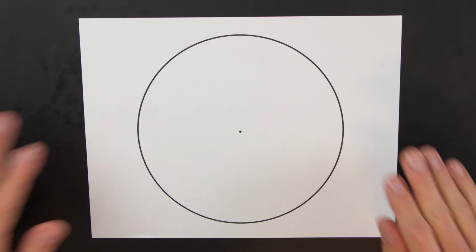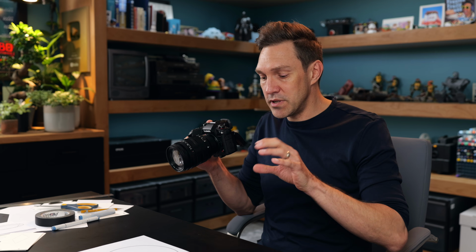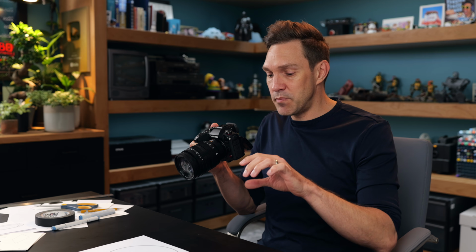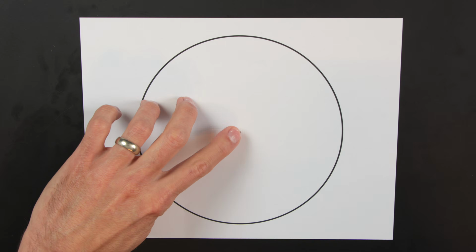So here I have a perfect circle with a center point in the circle. And what I want to show you is if you're thinking in terms of a camera, like looking at something through a camera and a lens, depending on how close you are to an object, how far away, how zoomed in you are, how wide angle the lens is, that will change where you would draw this center point right here.